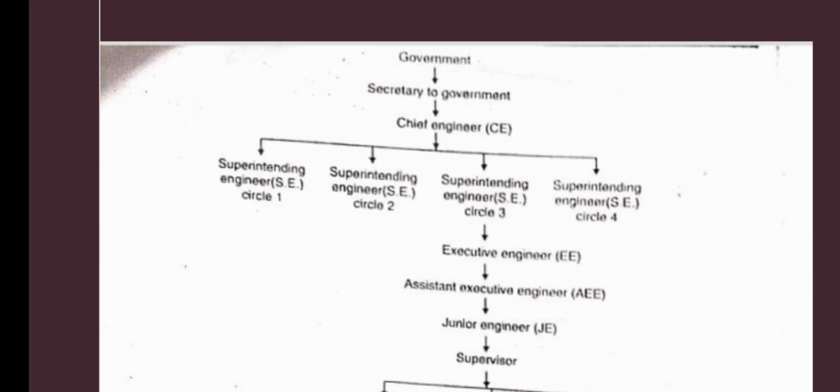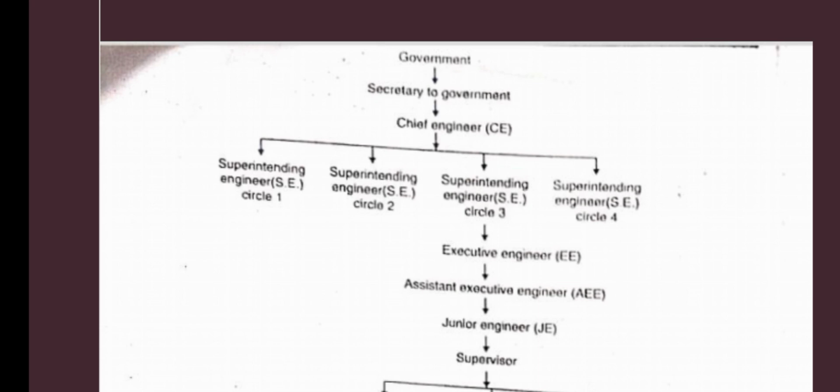If the state is large and the workload is too much, then along with the chief engineer, regional chief engineers, deputy chief engineers, etc. can also be appointed. After the chief engineer, the next PWD personnel is the superintending engineer.